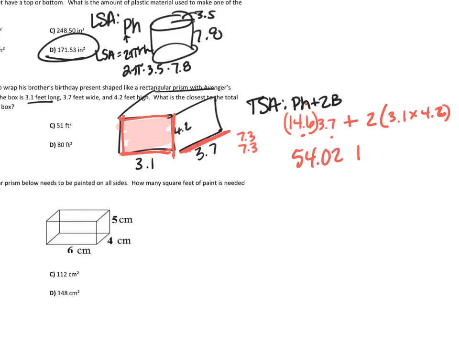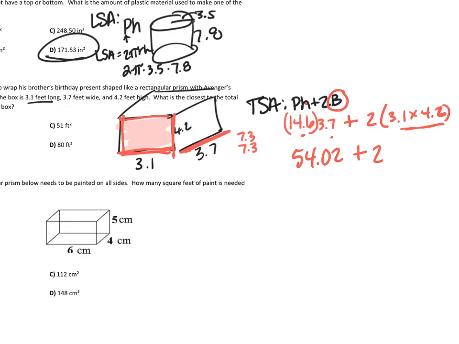54.02 plus 2 times these numbers right here, it has this B. Big B stands for area of the base. Our base is a rectangle, so it's length times width, or base times height, or whatever you want to do. Well, I used this as my base, so it's 3.1 times 4.2. You see that?